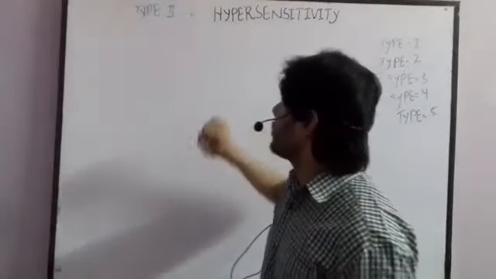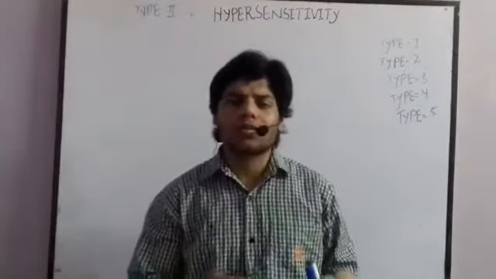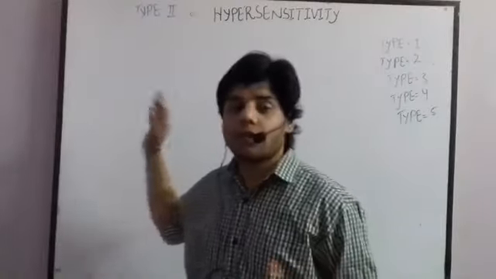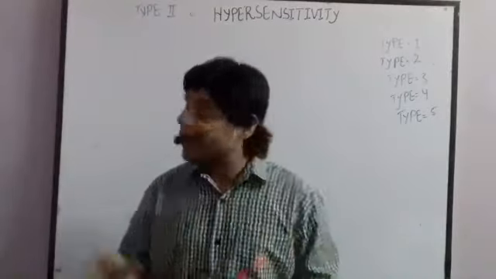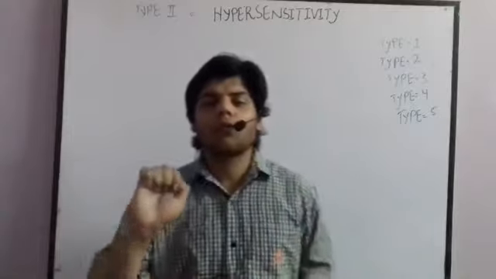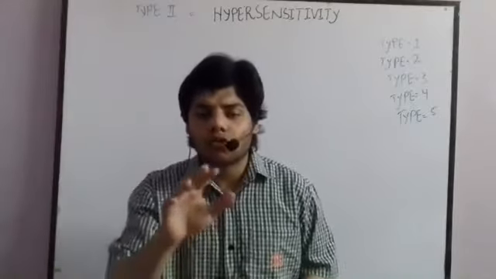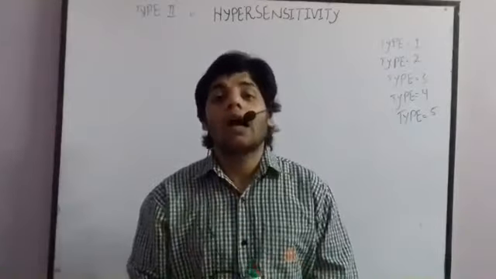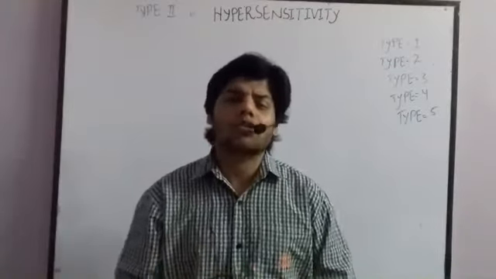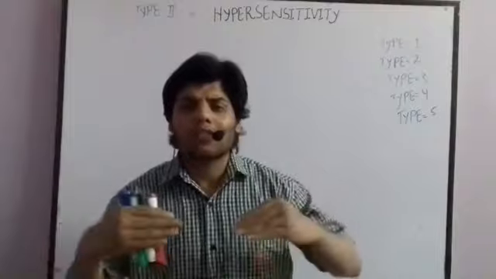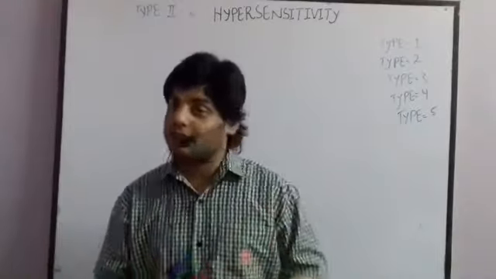Now, type 2 hypersensitivity is different from type 1. In type 2 hypersensitivity, we will fully focus on the antibodies and on the red blood cell. It is very much related to our red blood cells.